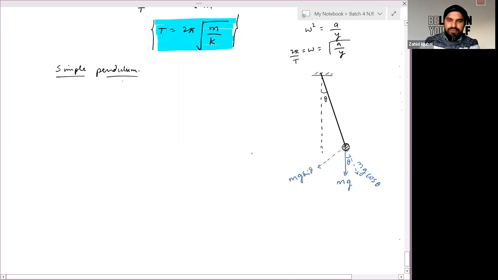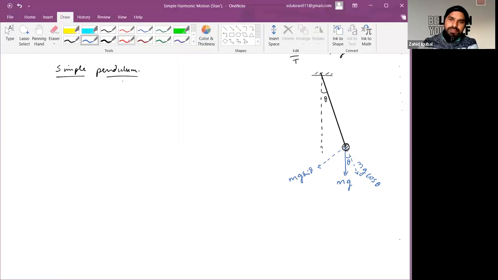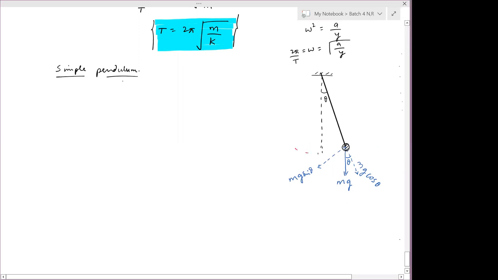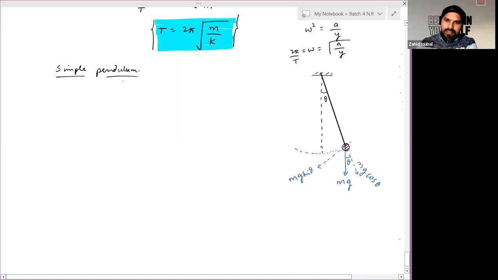Now, which of these two forces, mg cos theta and mg sine theta, will be responsible for restoring this bob back to its initial position, that is, the mean position? mg sin theta. Good. So we can say mg sine theta is acting as the restoring force. So the restoring force equals mg sine theta.